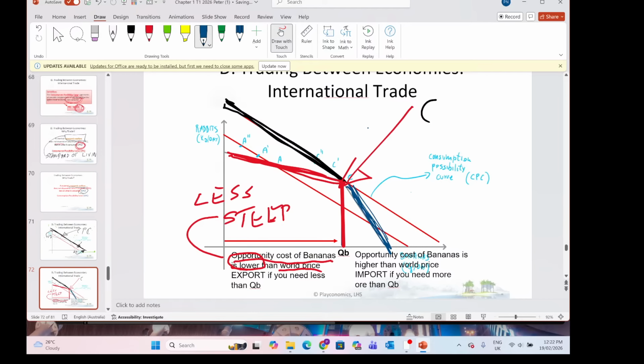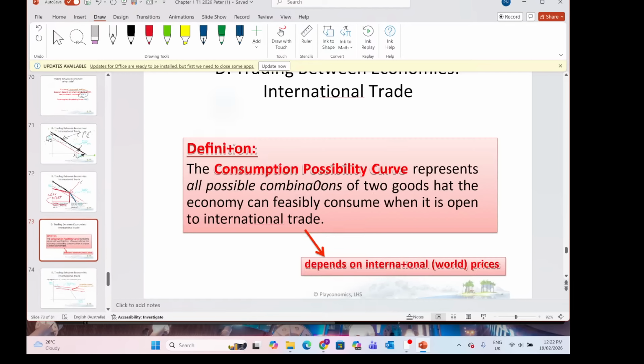What does that mean? What it really means is that if we're thinking about Alberto and Leo, Alberto is more efficient than the rest of the world in making bananas, but Leo is less efficient than the world in making bananas. So what should they do? What Alberto and Leo should do is they can consume anywhere along that consumption possibility curve.